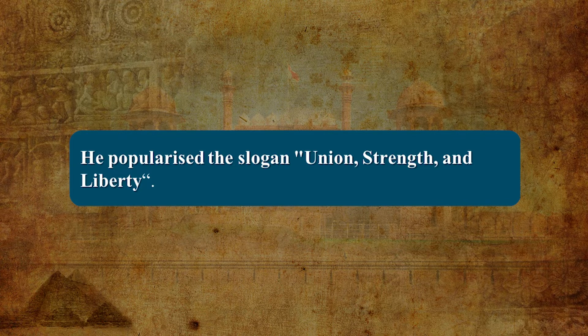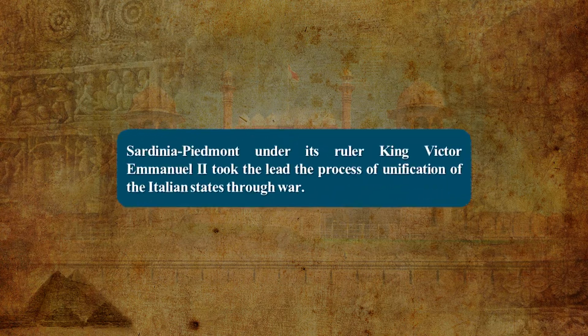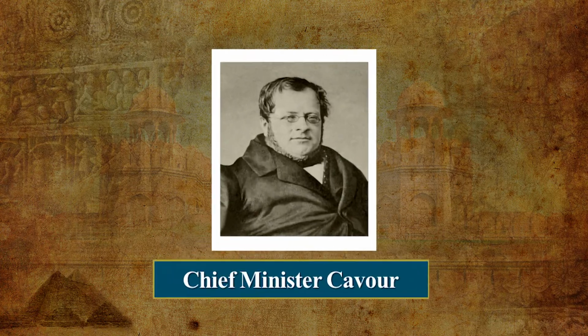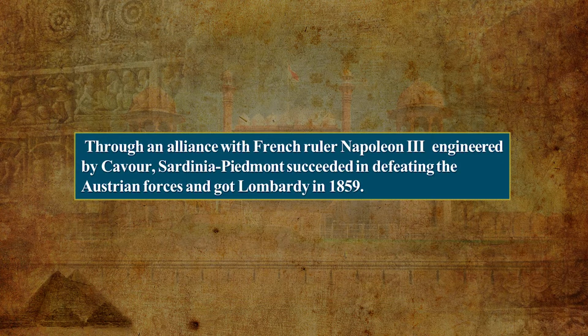After Mazzini's process and the failure of the revolution of 1848, Sardinia Piedmont under its ruler King Victor Emmanuel took the lead in the process of unification of the Italian states through war. And he had a great chief minister called Cavour, who took the leadership of the unification process. Through an alliance with the French ruler Napoleon III, engineered by Cavour, Sardinia Piedmont succeeded in defeating the Austrian forces and got Lombardy in 1859.